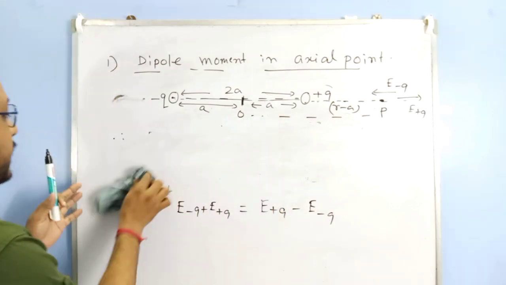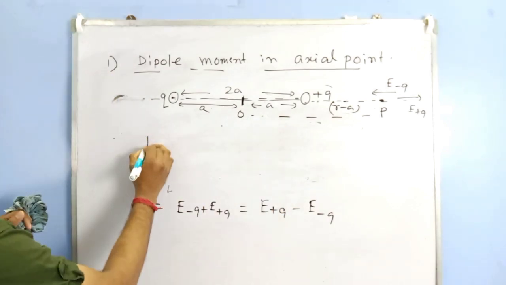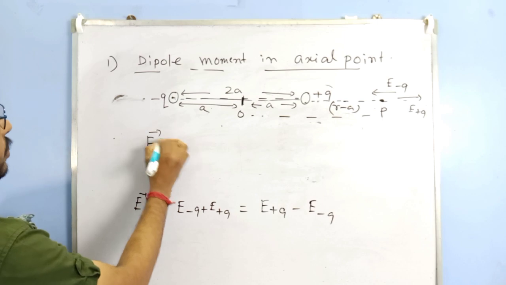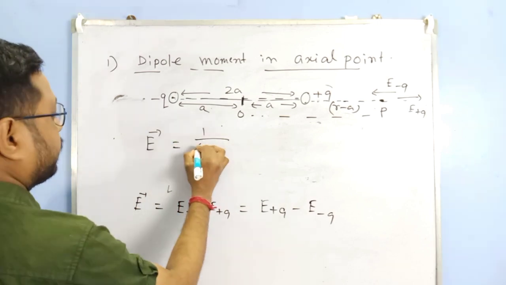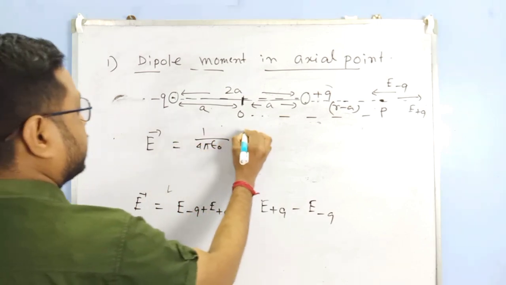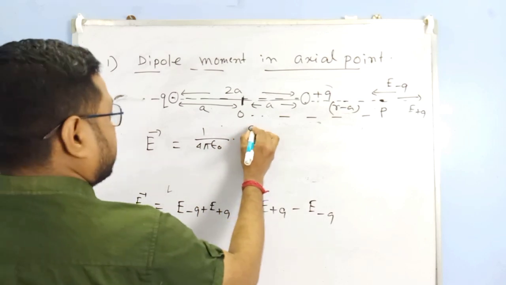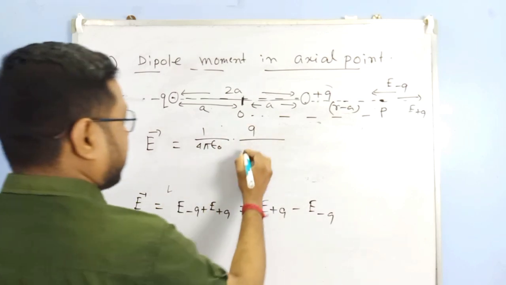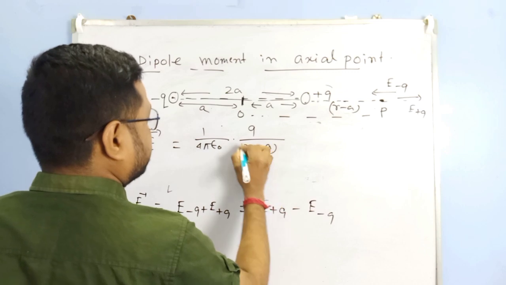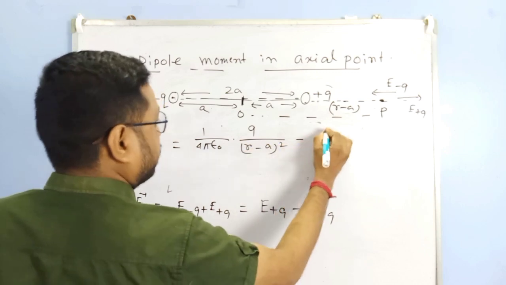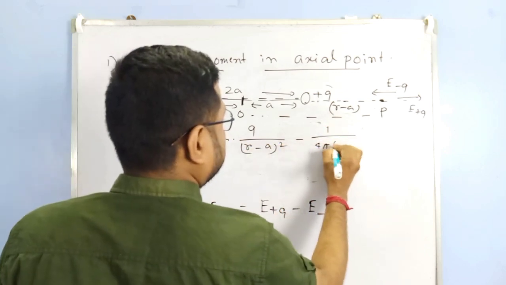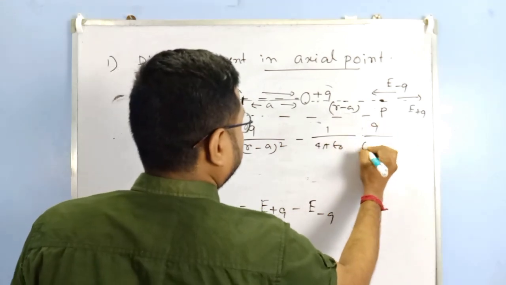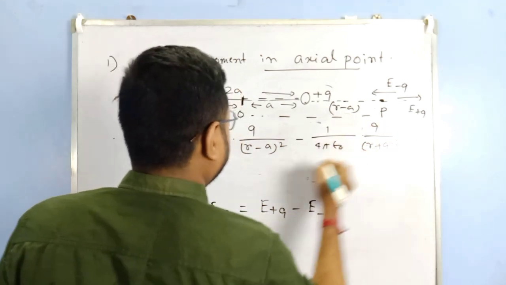The resultant electric field is given by E equal to 1 by 4 pi epsilon naught Q divided by R minus A square, minus 1 by 4 pi epsilon naught Q divided by R plus A square.